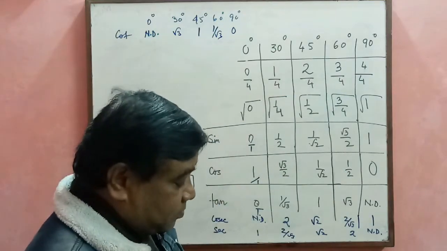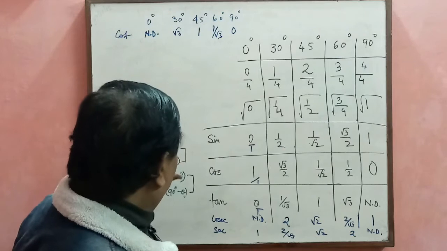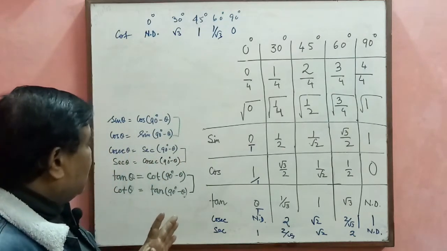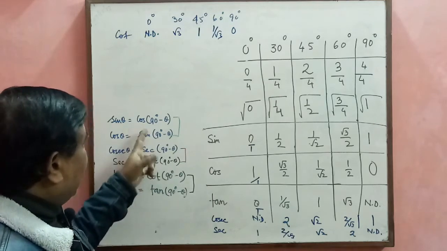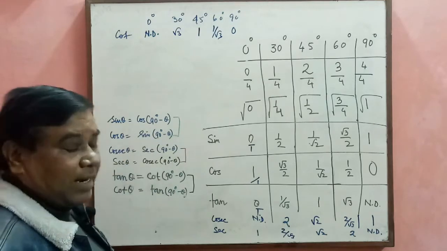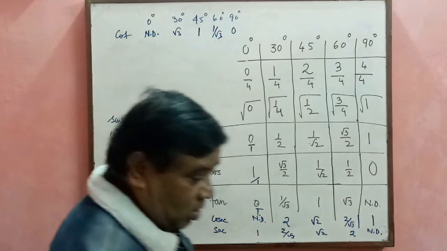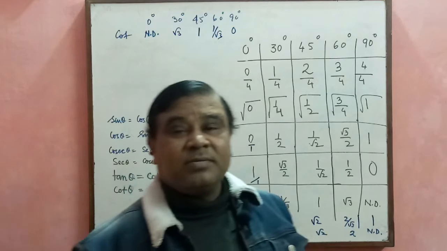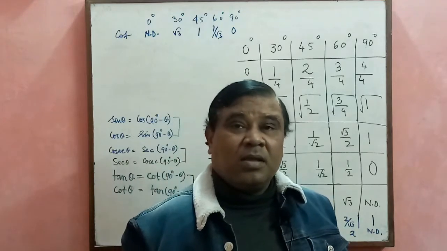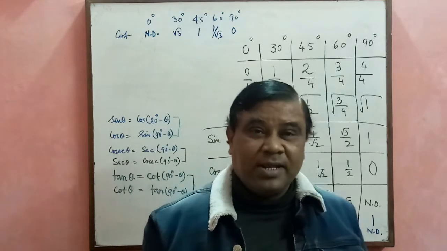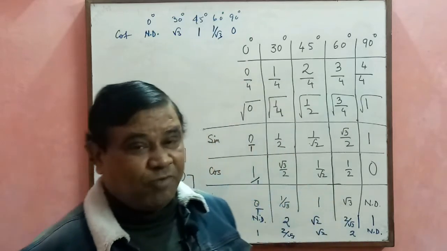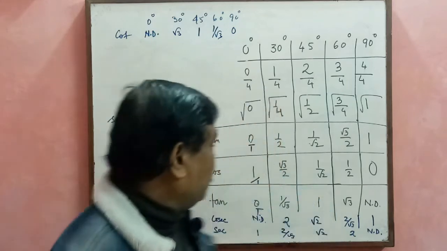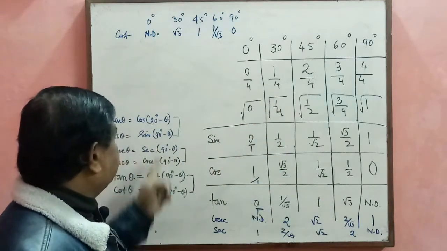Now here, how will we solve the problem that is related to angles 90 degree minus theta? That means any question comprising anything besides 0 degree, 30 degree, 45 degree, 60 degree, and 90 degree, then we will go with these identities.